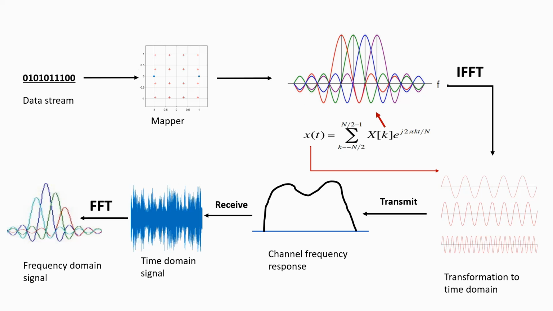At the receiver side, FFT is applied to the time domain signal to get the frequency domain signal, and then each subcarrier gets decoded separately.